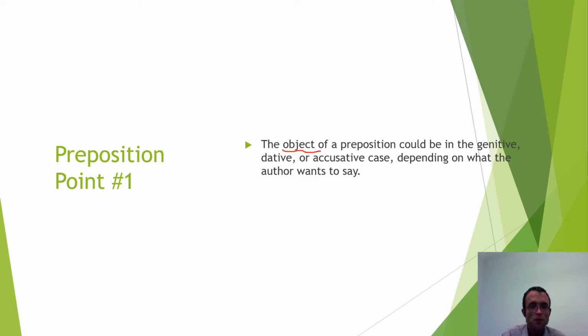The important thing with Greek prepositions is that the object, the word that comes after the preposition, could change. The case of that word could change. And then if the case of that word changes, the meaning of the preposition also changes. I'm not going to give you any examples now because we're going to get to that, but I just want to keep reminding you. Bear that in mind.